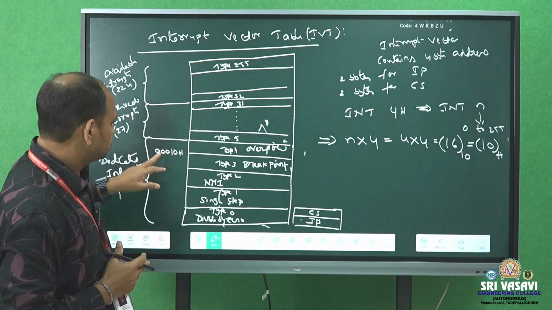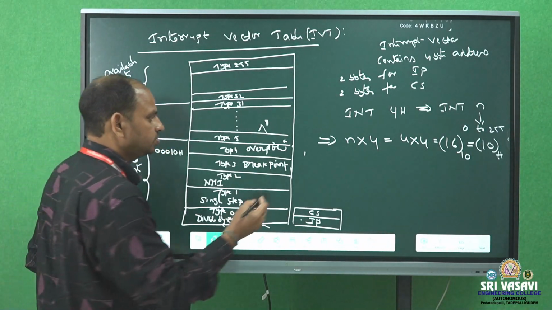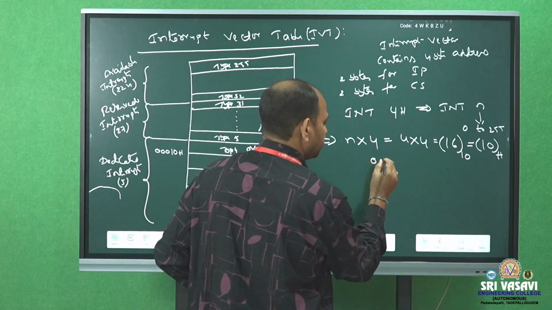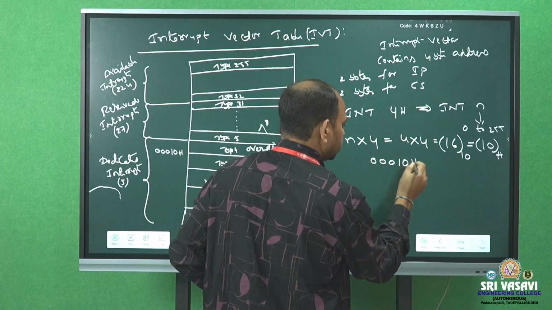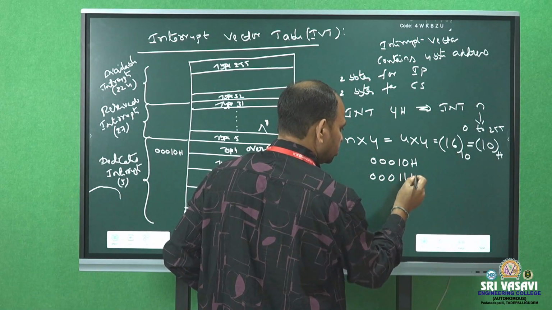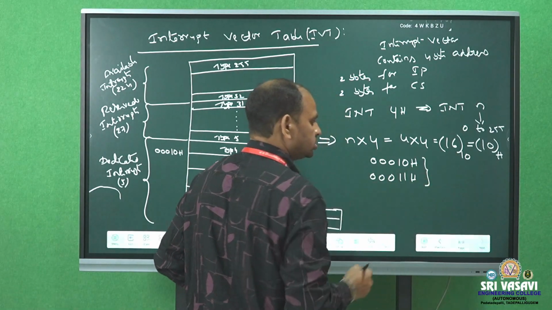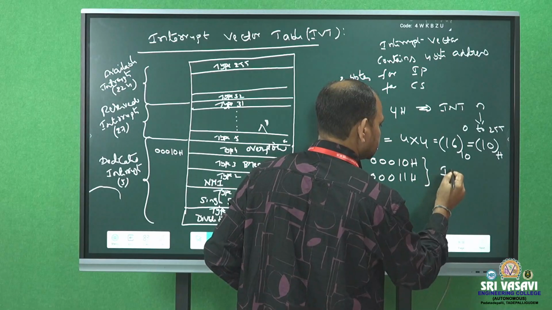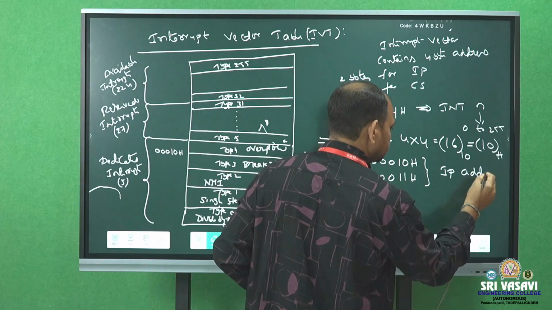So in this 00010H location and the next location, 00011H, in these two locations we have the IP address of the ISR.